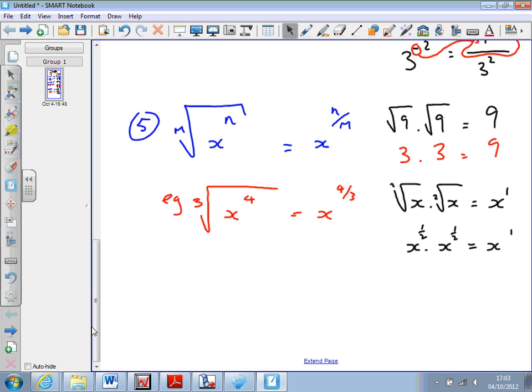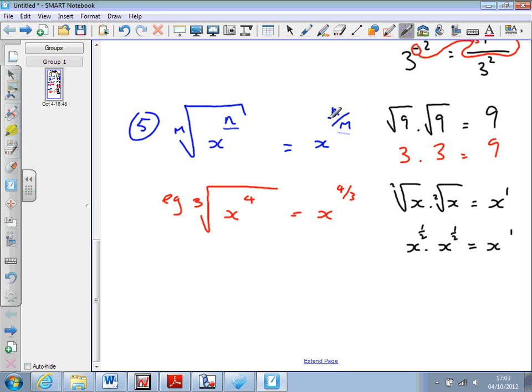The cube root of x to the 4 would be x to the 4 over 3. So looking at the general one, the m is the one that goes underneath in the fraction, and the n is the one that goes on the top in the fraction.